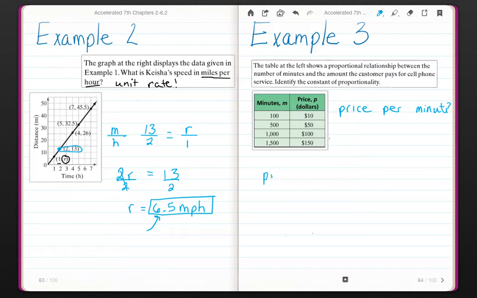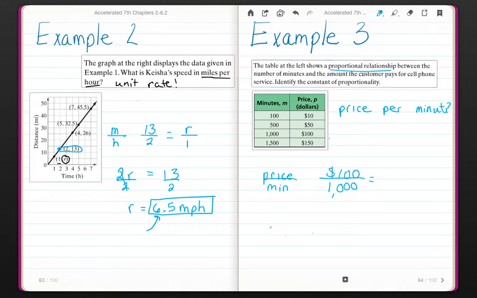So if I set up a ratio, I have a price per minute. And we can choose any one of these numbers of minutes because it says that it is a proportional relationship already. So I'm going to go ahead and choose 1,000 minutes for $100. So price, $100. Minutes, 1,000. And I'm going to divide. Well, there are 10 100s in 1,000, so let's see.